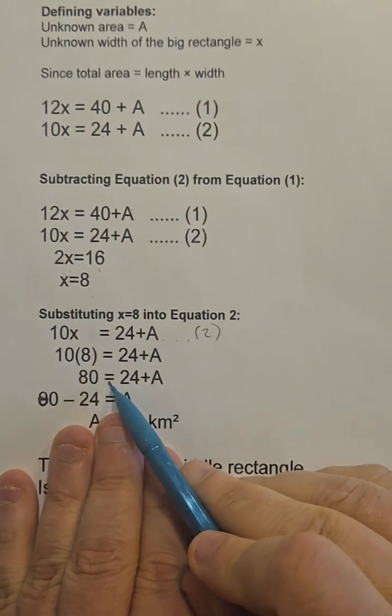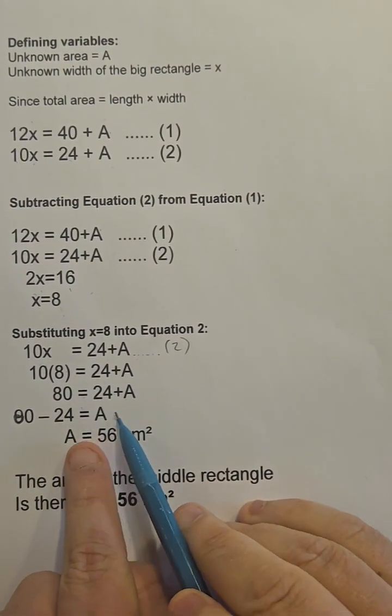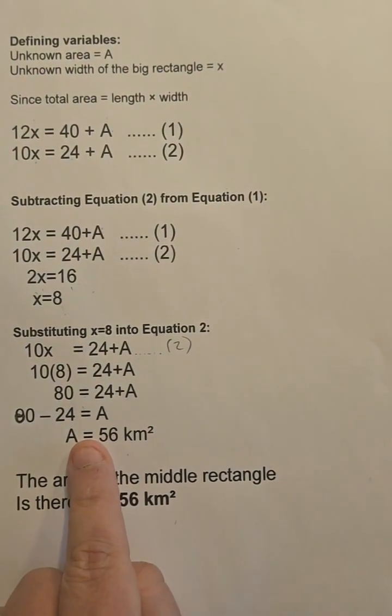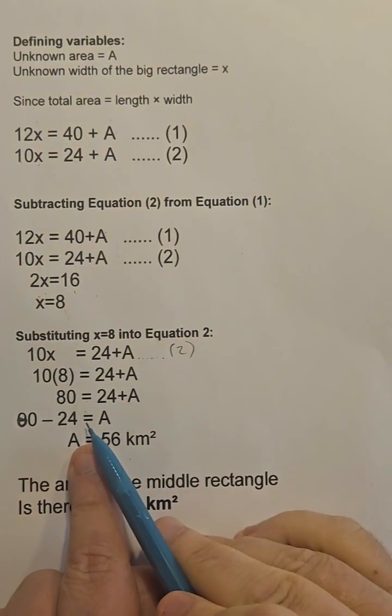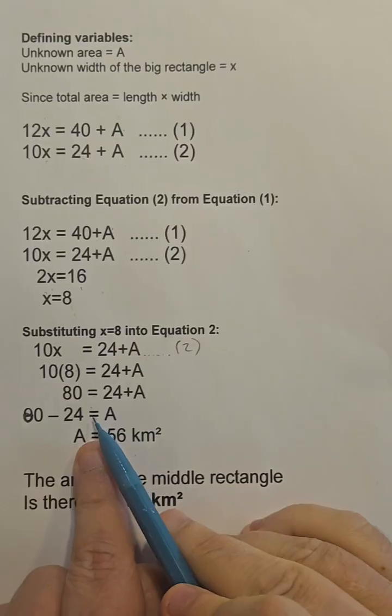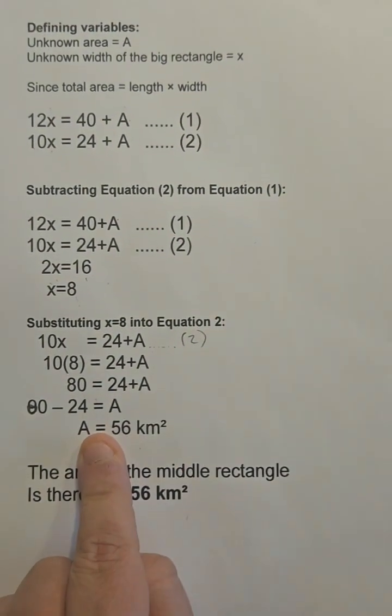Here's an equal sign. What I do to one side, I do to the other. Left and right is going down by 24. If they both go down by the same amount, they will still be equal.